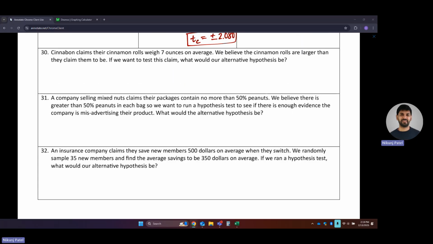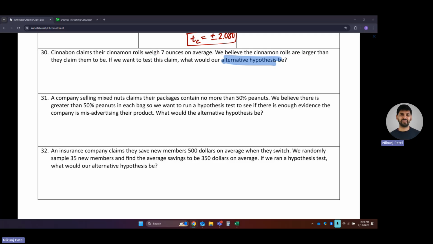Numbers 30, 31, and 32, these are examples where you're asked about one aspect of the hypothesis test. It gives you some information. And on number 30, it asks, if we want to test this claim, what would our alternate hypothesis be? So this has to do with step one that we talked about earlier. And we're testing out an average here, so mu. And it says, we believe the cinnamon rolls are larger than.